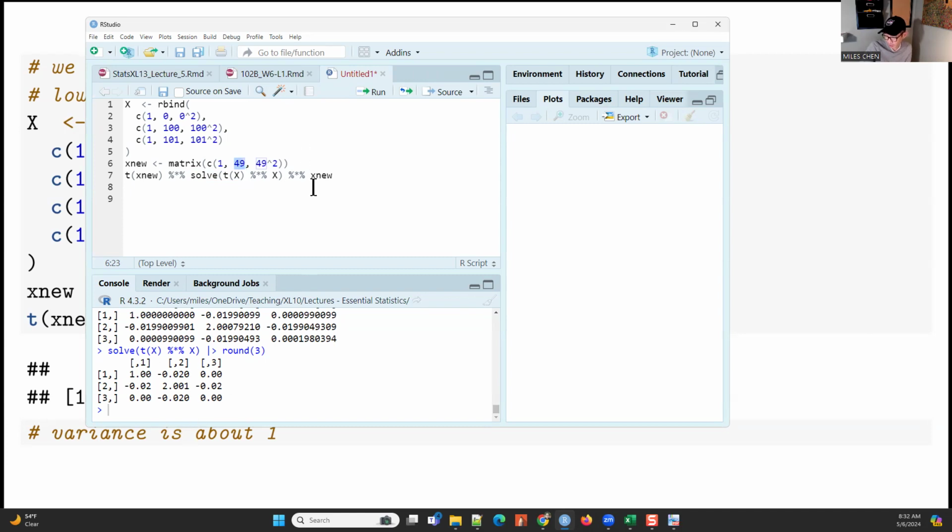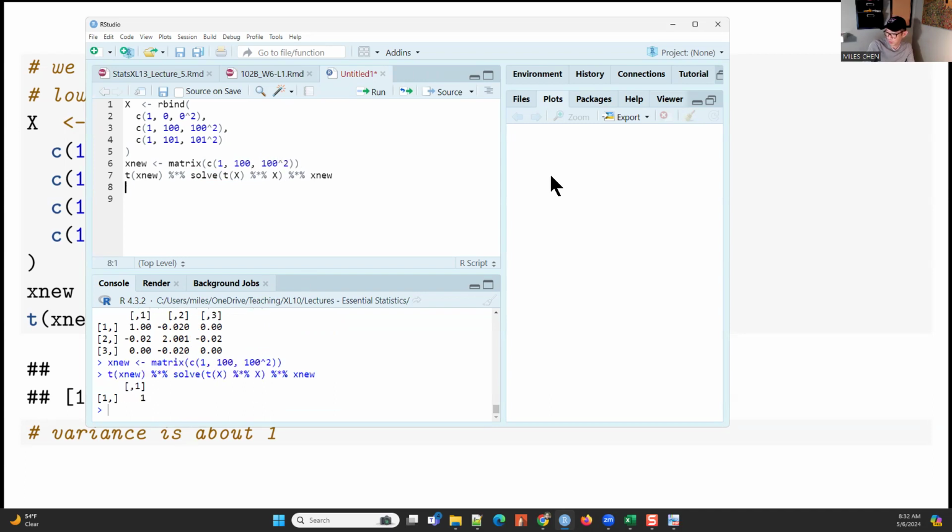And I think that's right. Okay, so anyway, that is variance in the predictions.